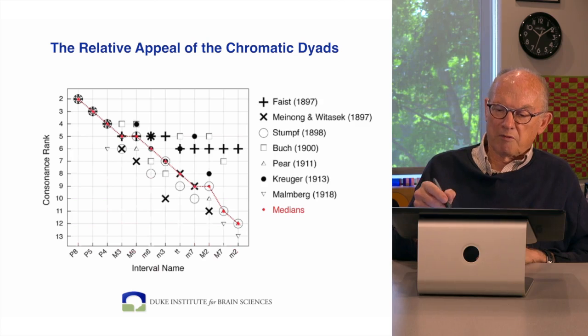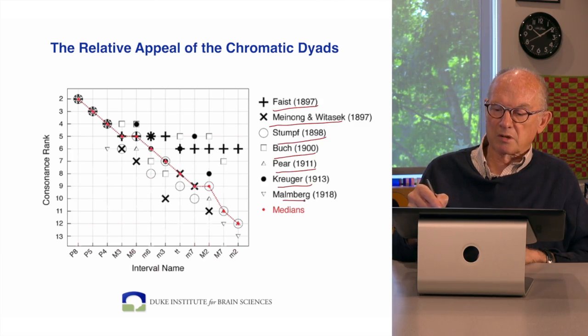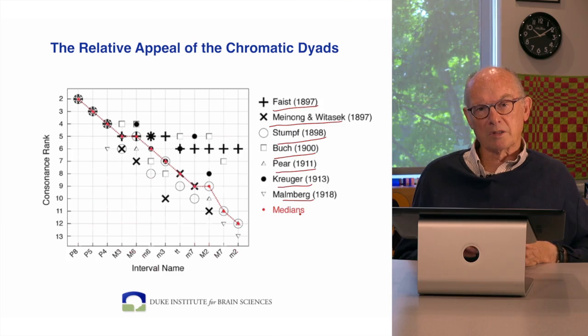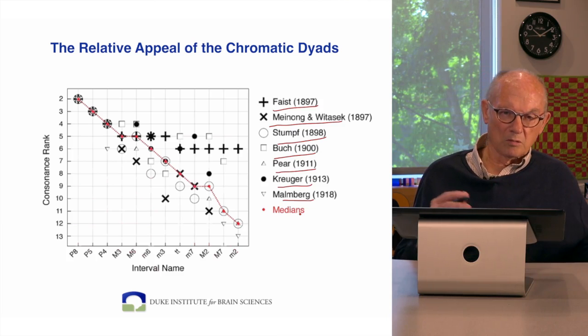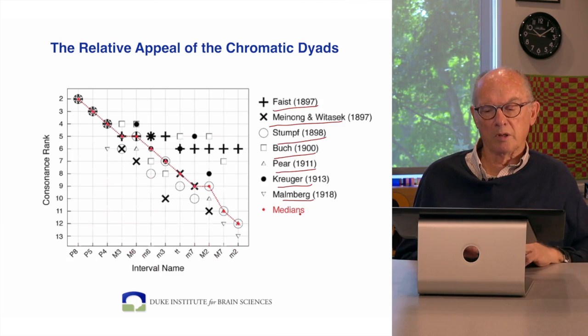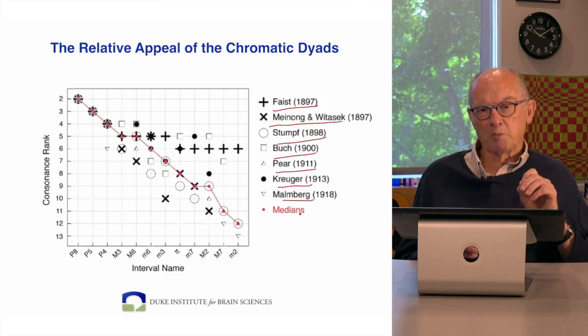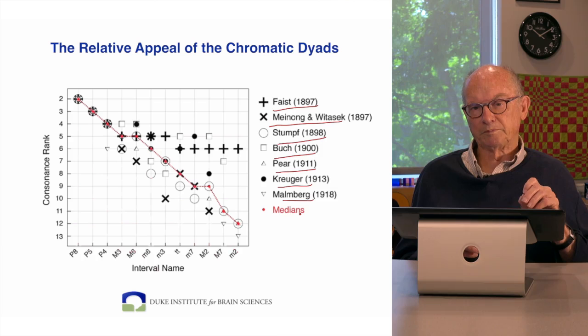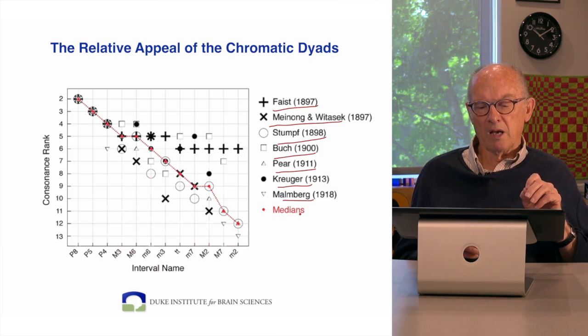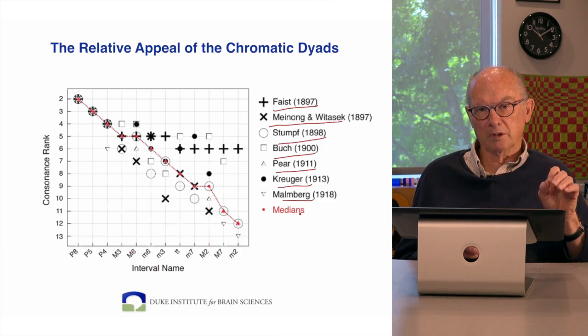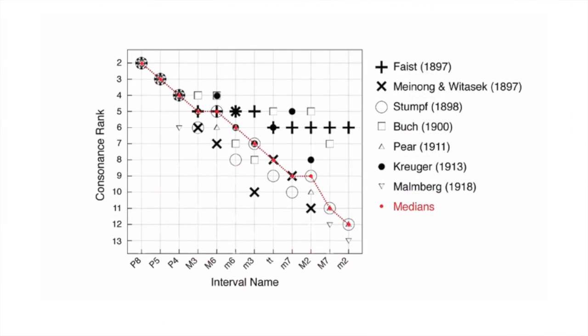And you can see from the references listed here on the right-hand side of this slide that these classical studies are all late 19th century, early 20th century studies, as people asked in that era, how can we formally denote the relative consonance or dissonance of dyads?